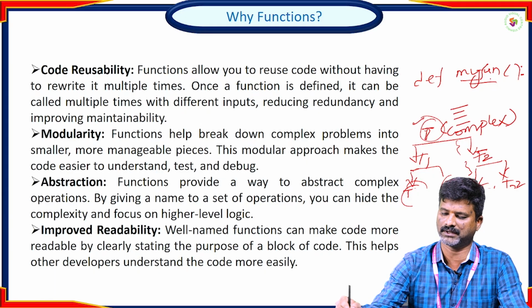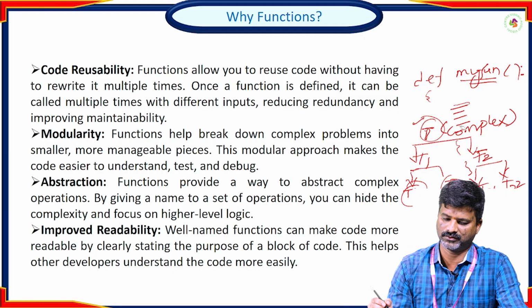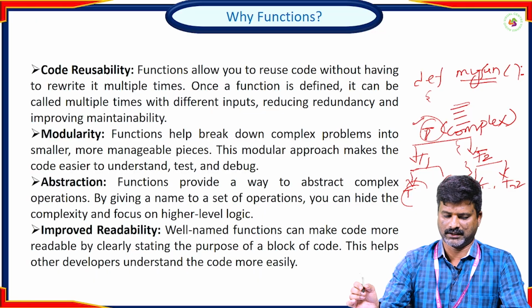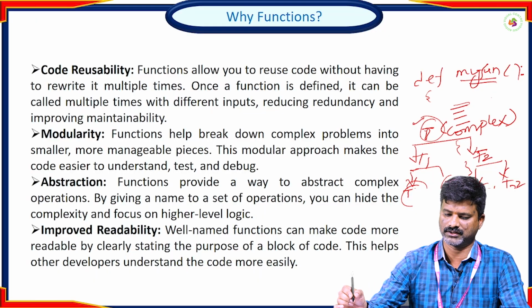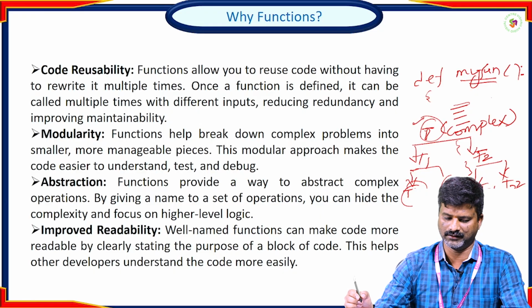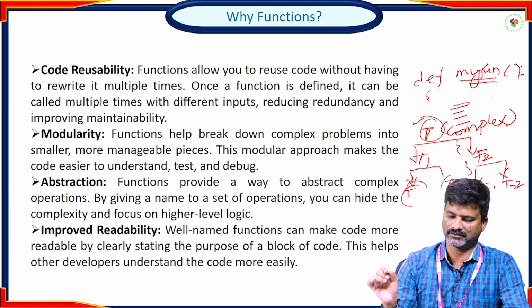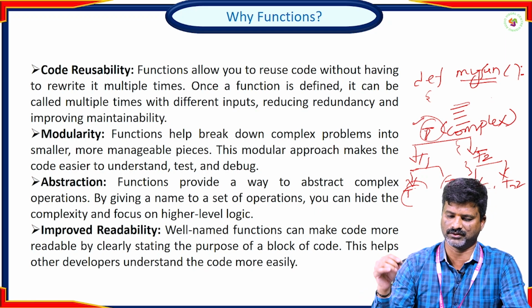Because whenever I call this particular function by its name, whatever operations are present inside will be executed sequentially one after the other. But here we are not bothered about what type of operations are performed internally. We are only bothered about the high level logic. That is called abstraction. We are hiding the internal details from the user.